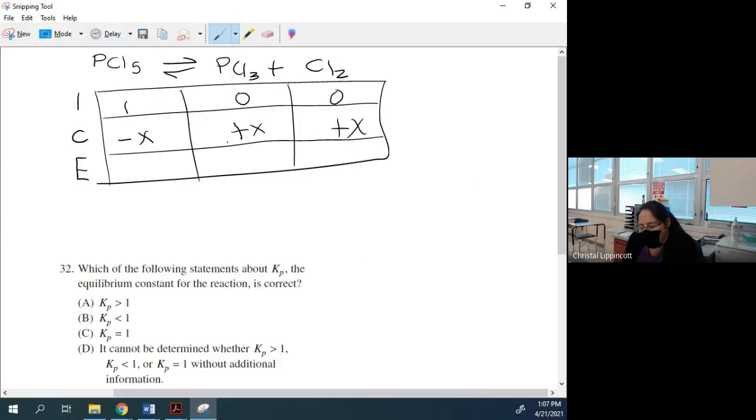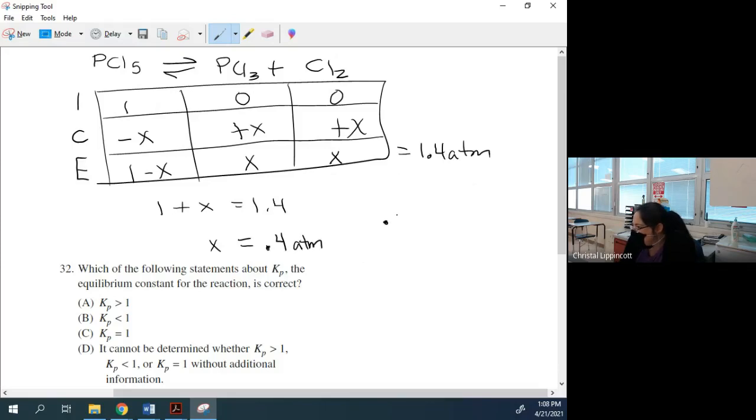So this becomes x, this becomes x, and this becomes 1 minus x. What did these equal? 1.4 atm. So if we want to solve for x now, 1 minus x plus x plus x would be 1 plus x, right? Equals 1.4. So x would equal what? 0.4 atm.